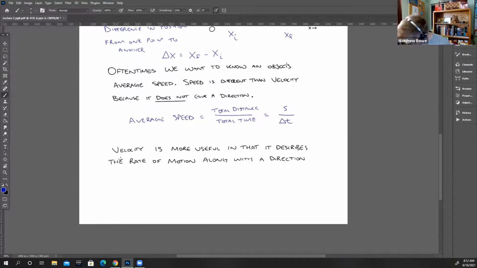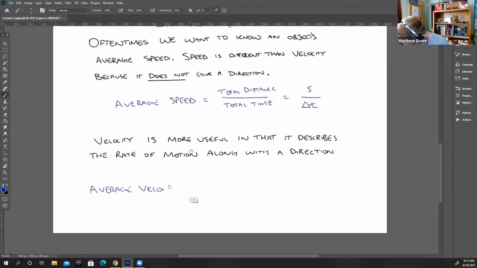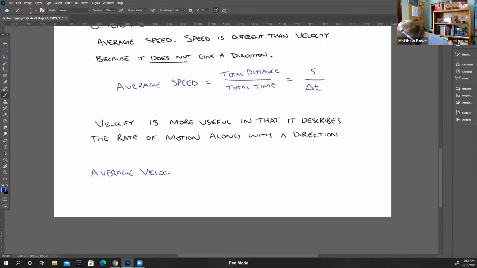There we go. So average velocity, we could write it like this. So just v, and it's going to be sub, so I'm just going to abbreviate average, and specifically in the x direction.